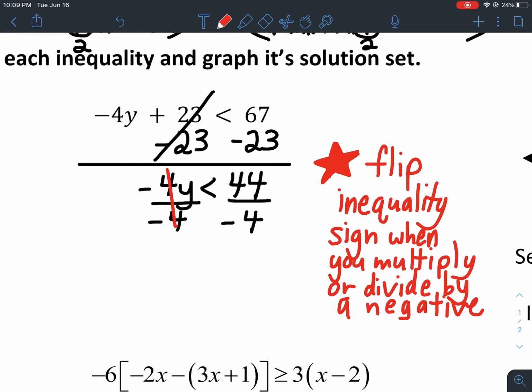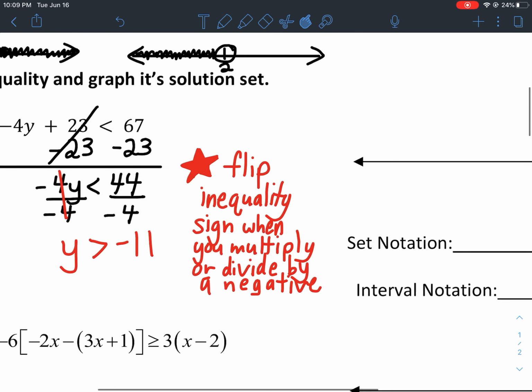So when we divide by this negative here, we have to flip. We had less than, so it changes to greater than, and 44 divided by negative 4 is negative 11.